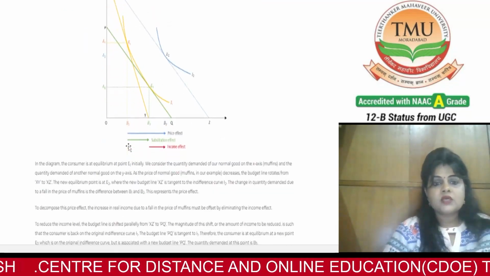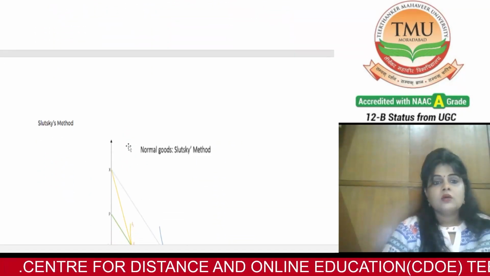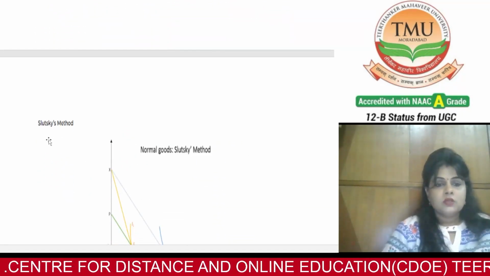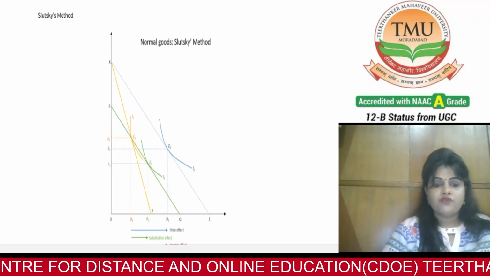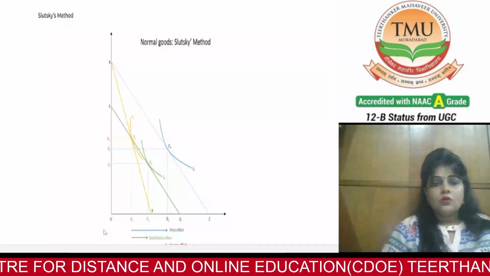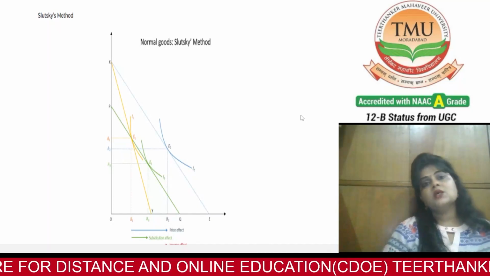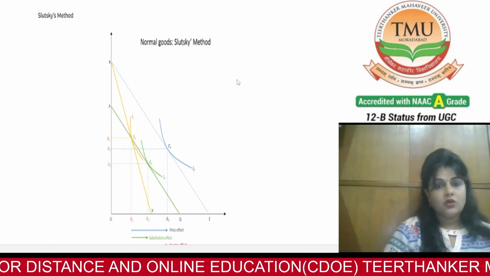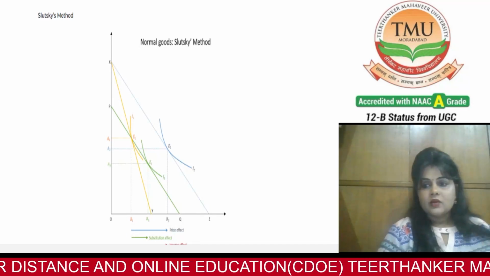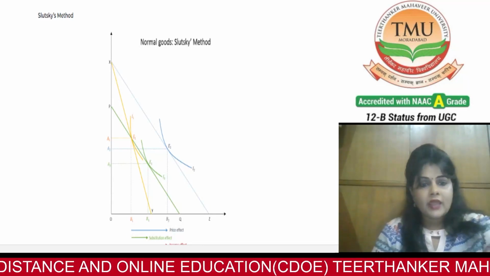Now we will discuss the Slutsky method, the substitution effect for normal goods. There are some differences between the Hicks and Slutsky substitution effects, and we will discuss those too. First of all, see the diagram.